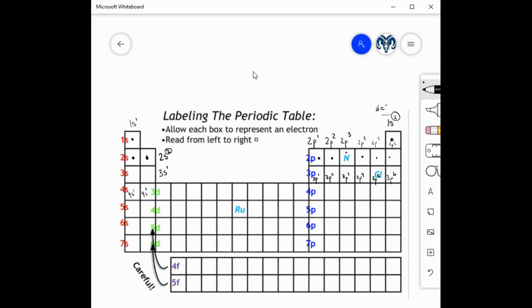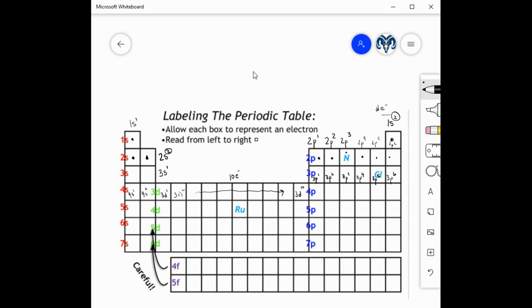Now there are 10 elements here, so there's 10 electrons in this space. So this would be 3d1, and then you're going to go 3d2, all the way up to here where we have 3d10.